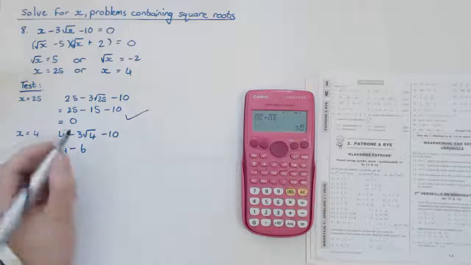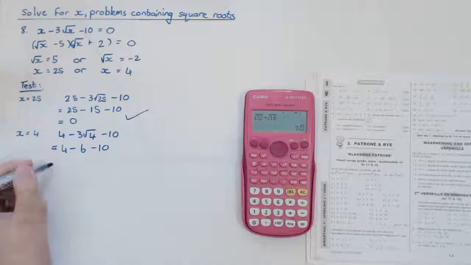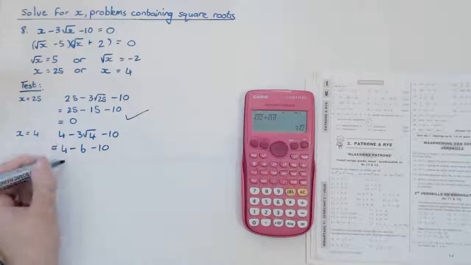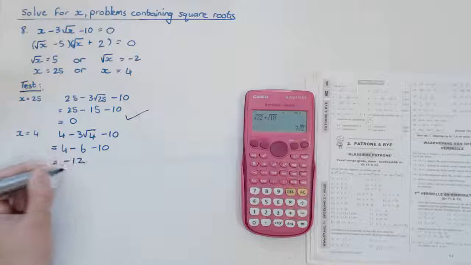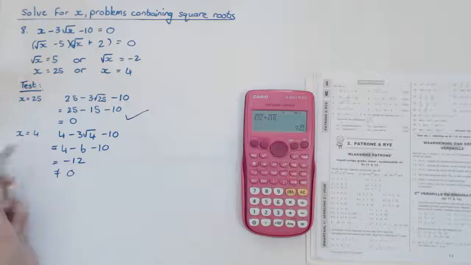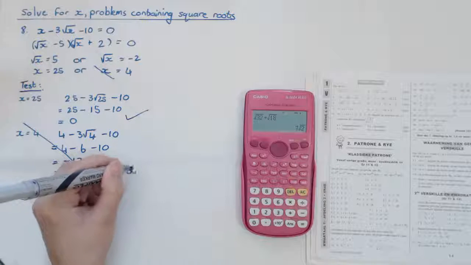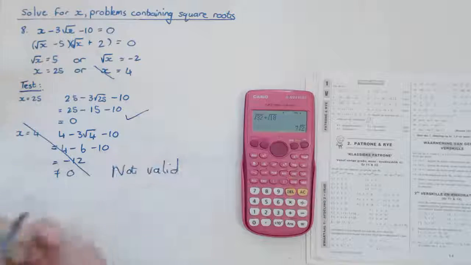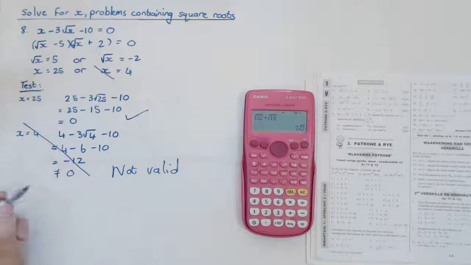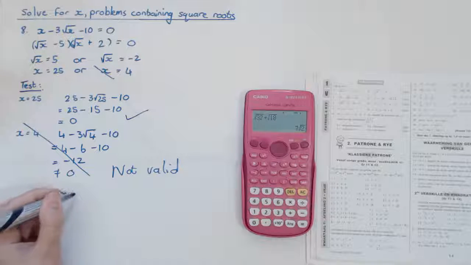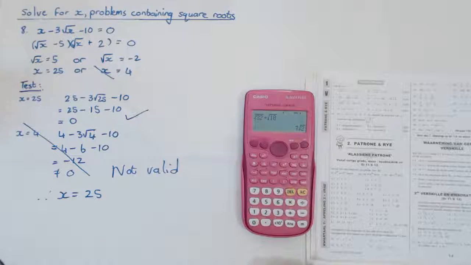Root 4 is 2, yes. And then 4 minus 6 is minus 2 minus 10 is minus 12, which is not 0. So this answer is not valid. It doesn't work out. So then I can just say, perfectly fine, I'm happy with x is 25.